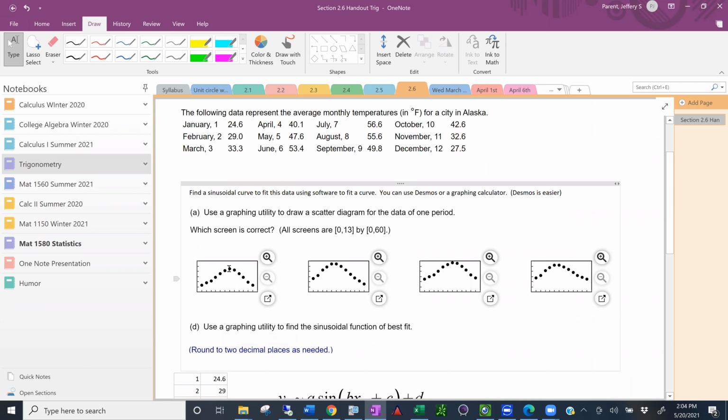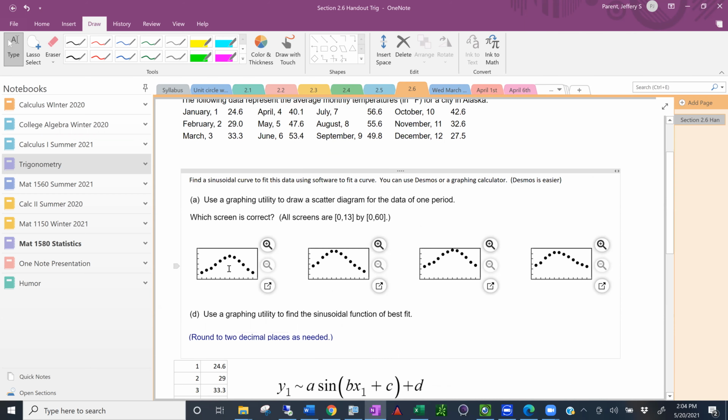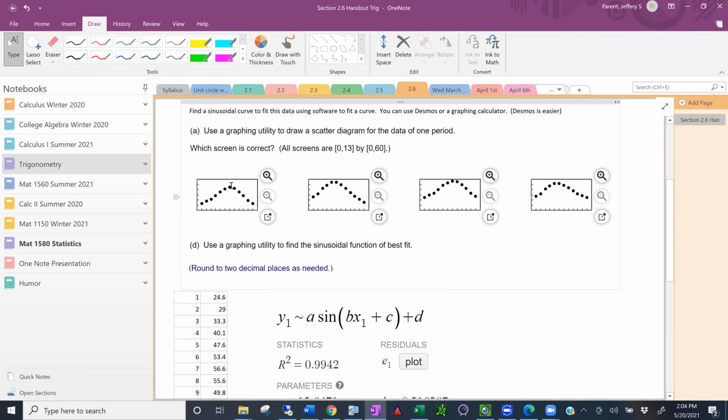I'm thinking A looks pretty good, but I'll be honest, I didn't write down the answer to this one. But remember, the maximum is going to occur in the 7th month. So looking at this one, the maximum occurs in like the 6th month, or between the 5th and 6th month. So you can eliminate a couple of these.